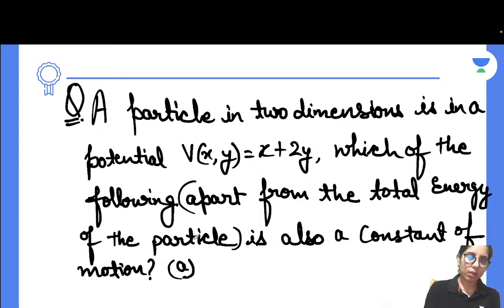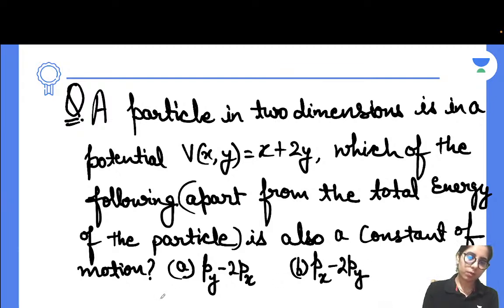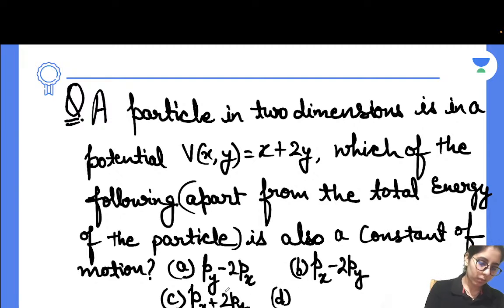Options are py minus 2px, px minus 2py, px plus 2py, py plus 2px.